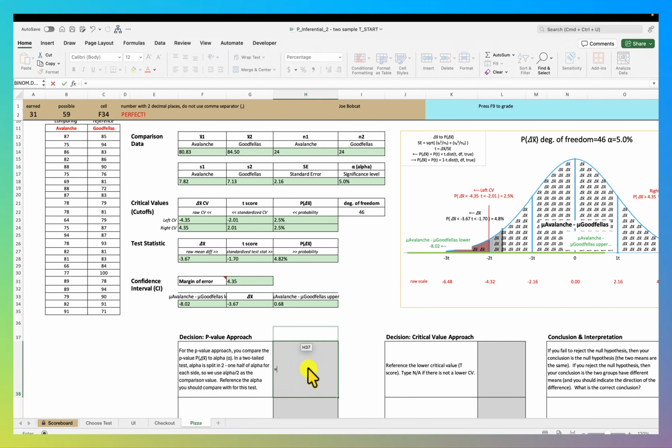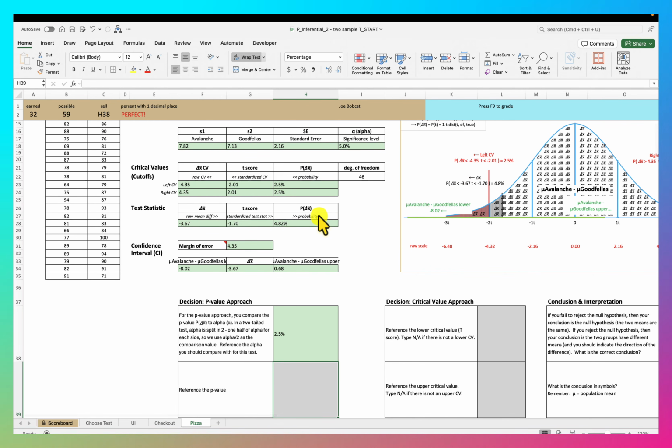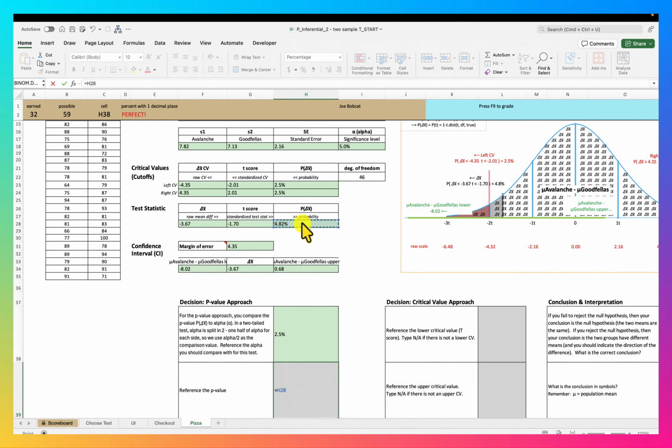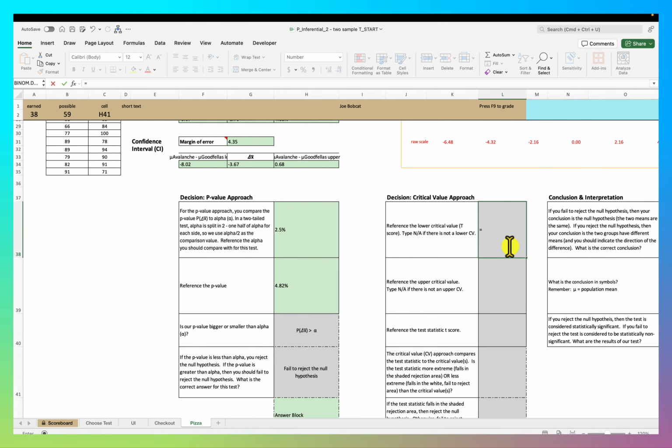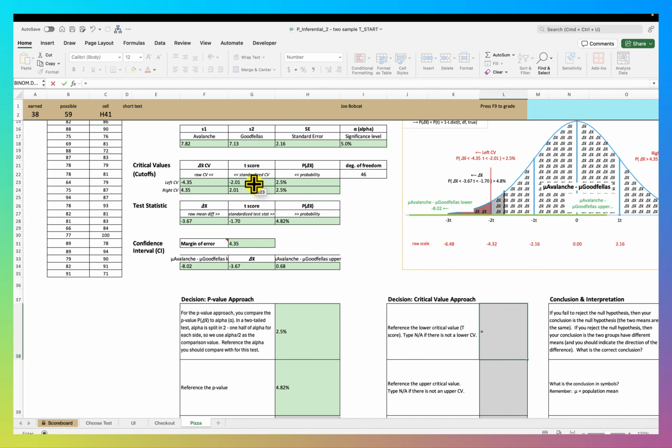Alright. So alpha, p-value is there. P-value is bigger than alpha, so fail to reject. And the lower critical value was negative 2.01, which is this cell.